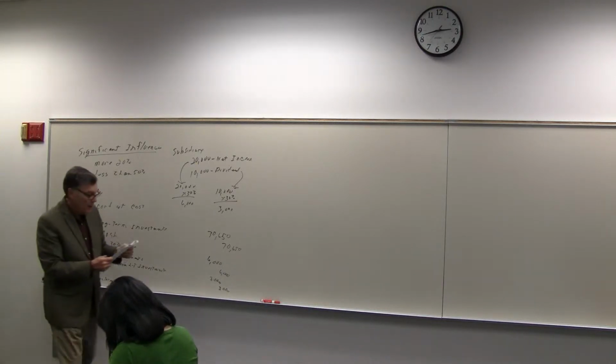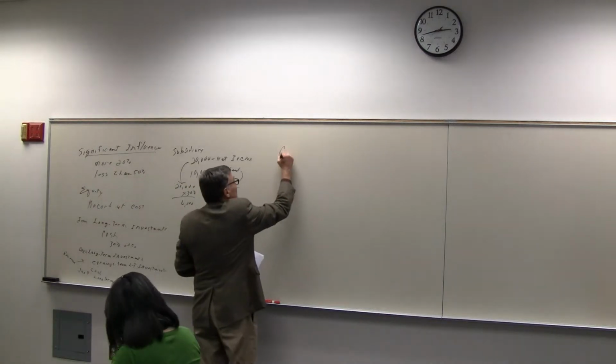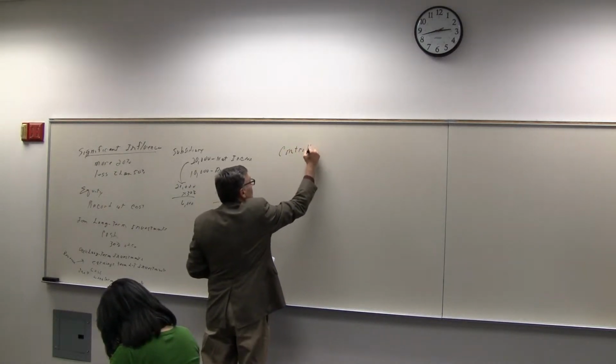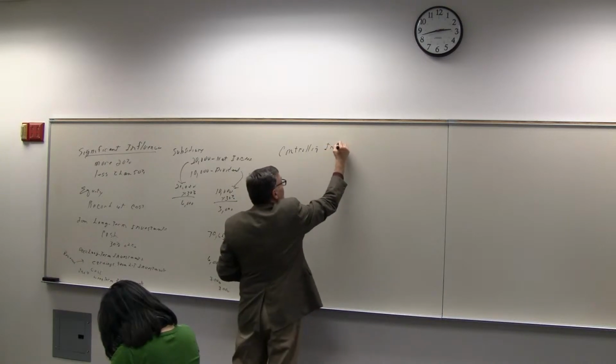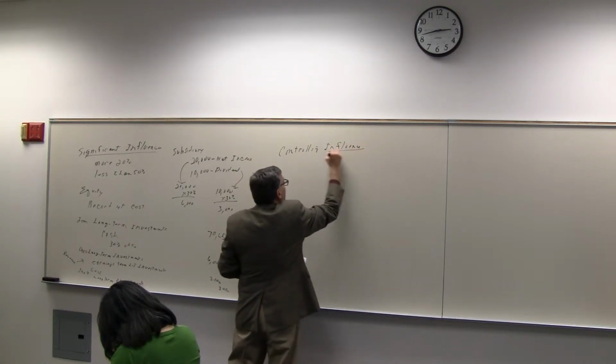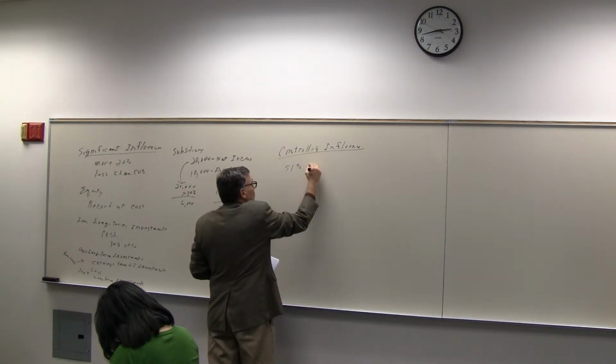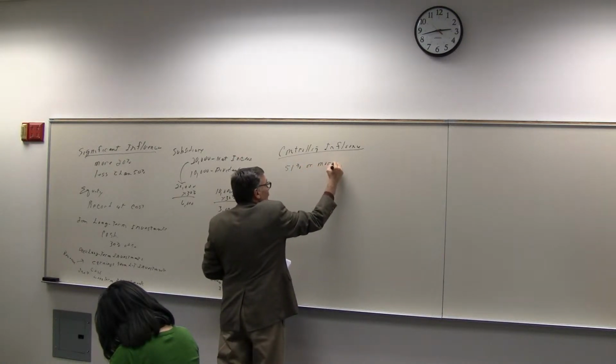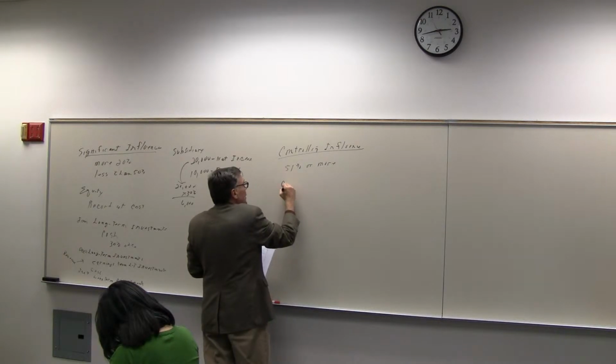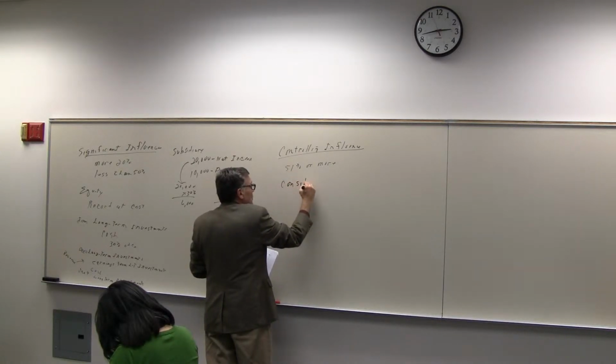Okay? If it's controlling influence, that's 50%, 51% or more. And what you do is you consolidate the financial statements.